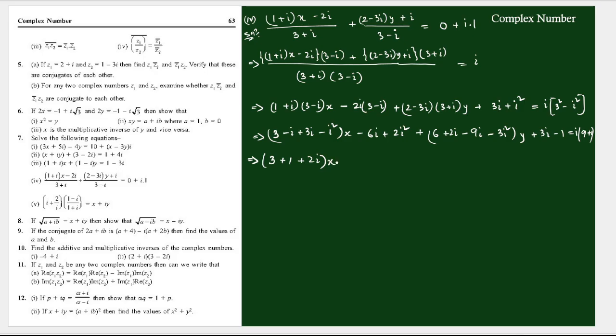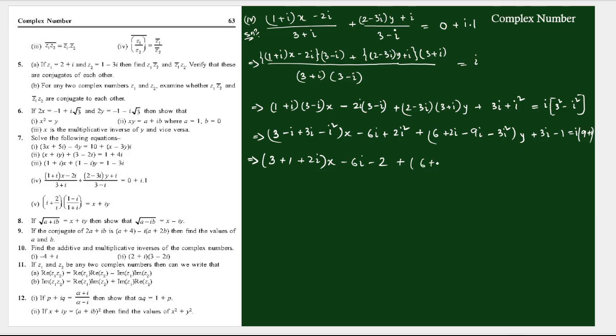This is your x. Then we get here minus 6i plus into i square is minus 1. So plus into minus 2 plus 3i square minus 1, minus into minus plus.